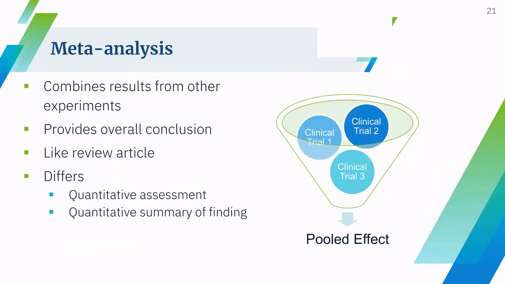A type of study that does not fit specifically in either category of observation studies or experiments is called meta-analysis. Meta-analysis uses published information from other studies and combines the results so as to permit an overall conclusion. Meta-analysis is similar to review articles, but additionally includes a quantitative assessment and summary of the findings.